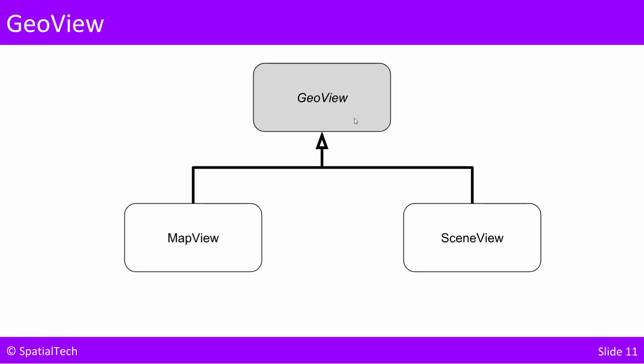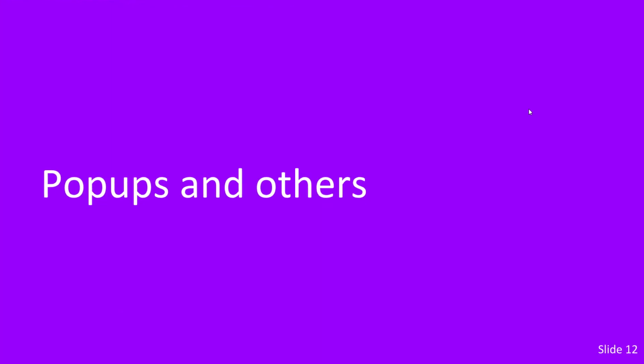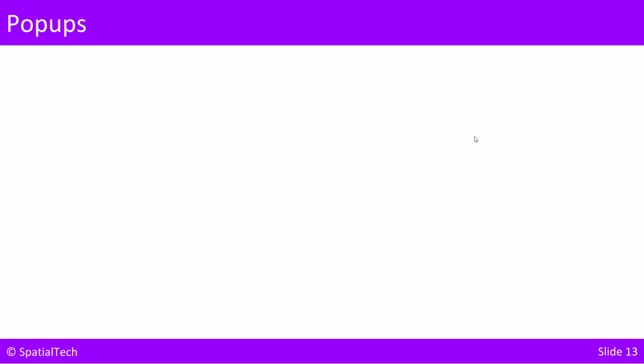But if you're hunting down how you do an identify, how the methods are specified, you're not going to find it typically in map view or scene view unless you look at inherited methods. You have to go to GeoView to find how to do an identify and what it is expecting me to send in. So again, there are other objects as well, pop-ups and others. We'll take a look at those.